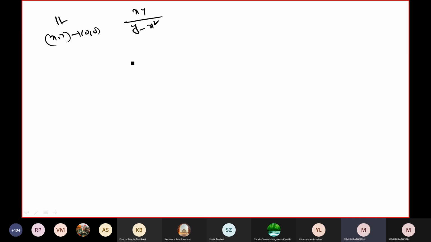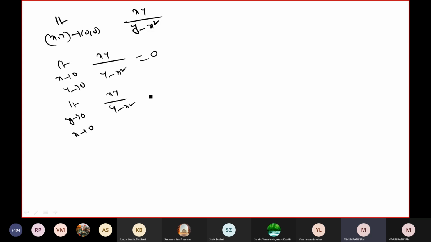Since x tends to 0, y tends to 0, xy by y minus x square is 0. Y tends to 0, x tends to 0, xy by y minus x square is 0.